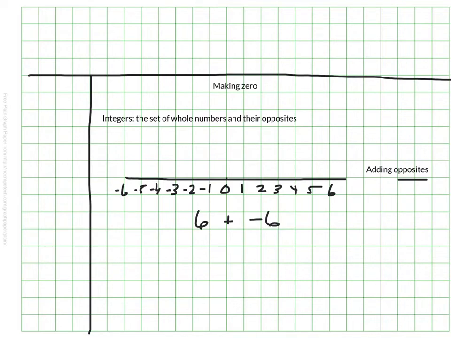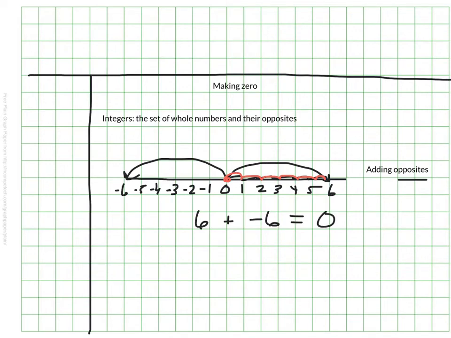One is pulling me to the right 6 units, and the other one is trying desperately to pull me to the left 6 units. But in the end, they cancel each other out. If I go 1, 2, 3, 4, 5, 6 units to the right, but then another force is pulling me 1, 2, 3, 4, 5, 6 units back to the left, I end up back where I started at 0.